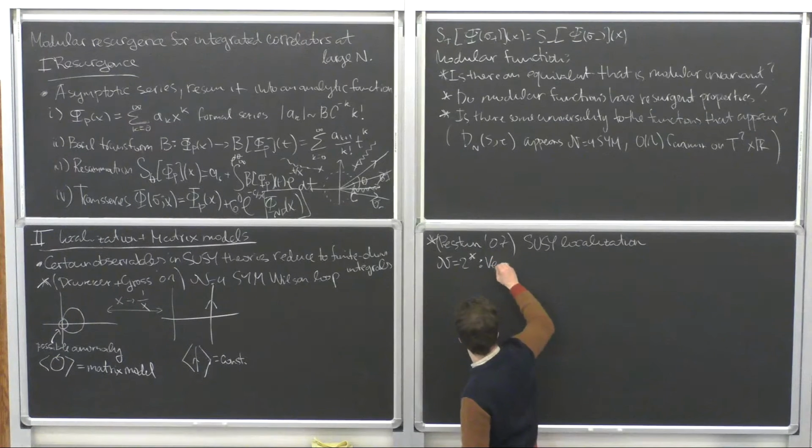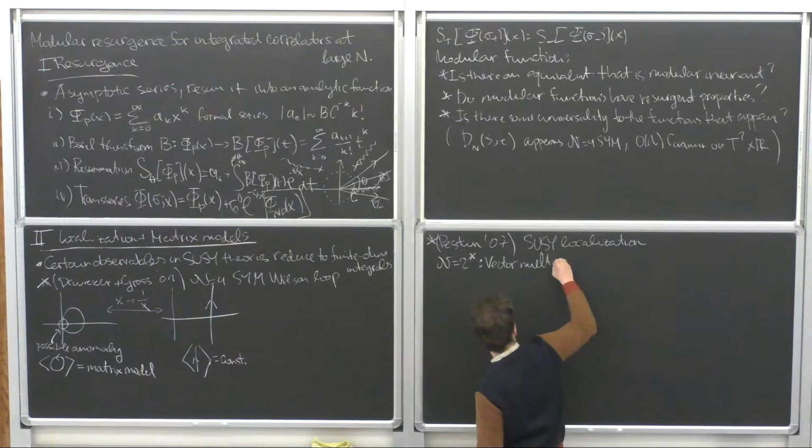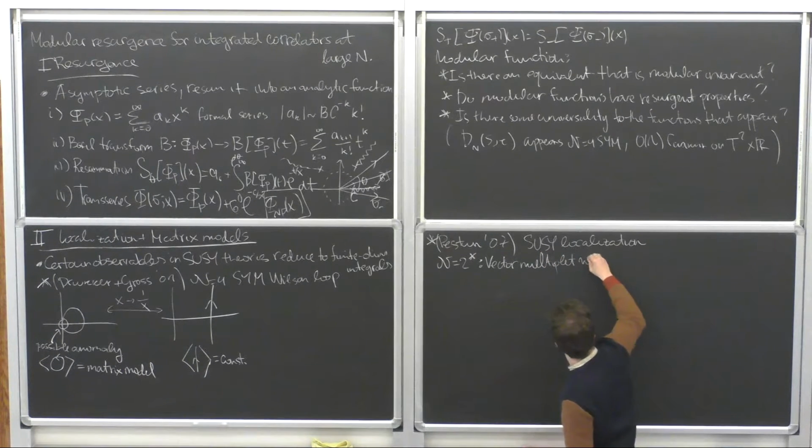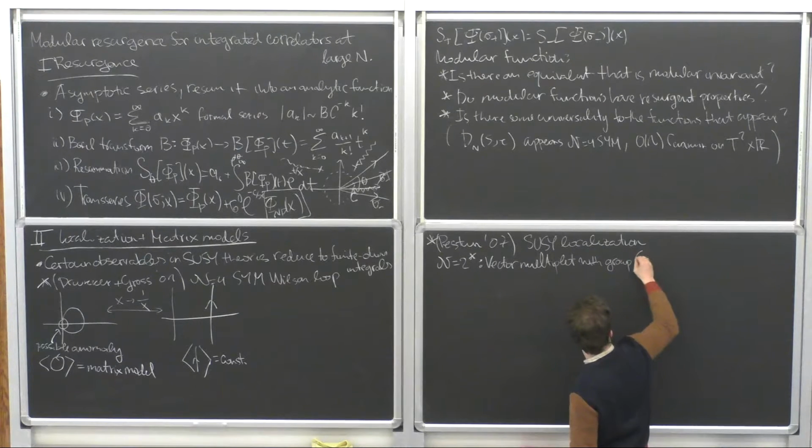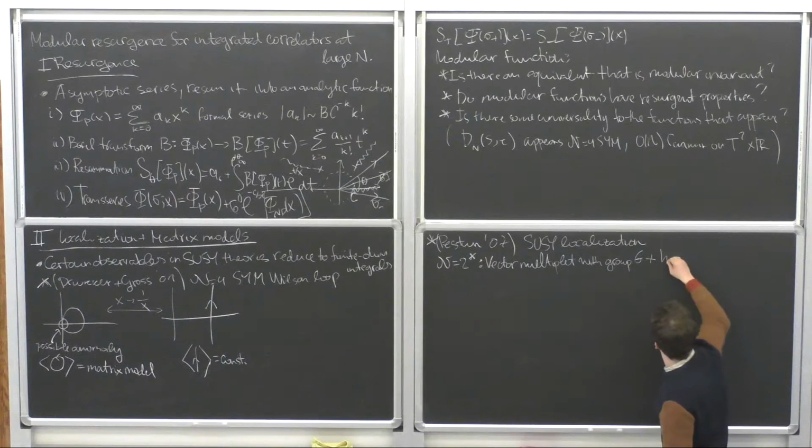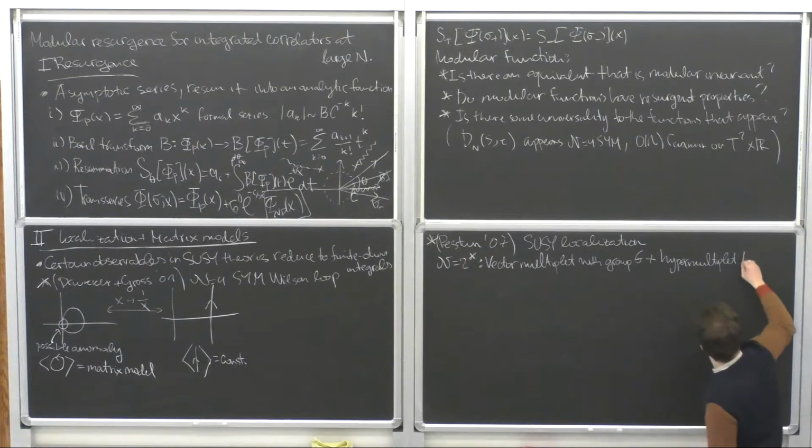It has a vector multiplet with group G, and additionally, it has a hypermultiplet in the adjoint representation and mass m.